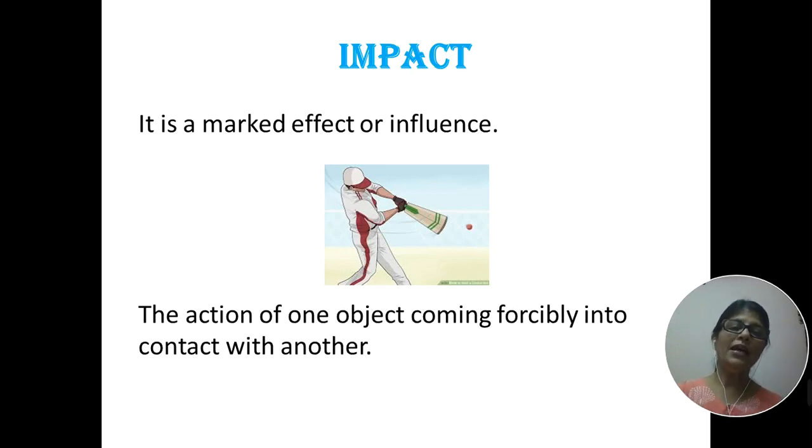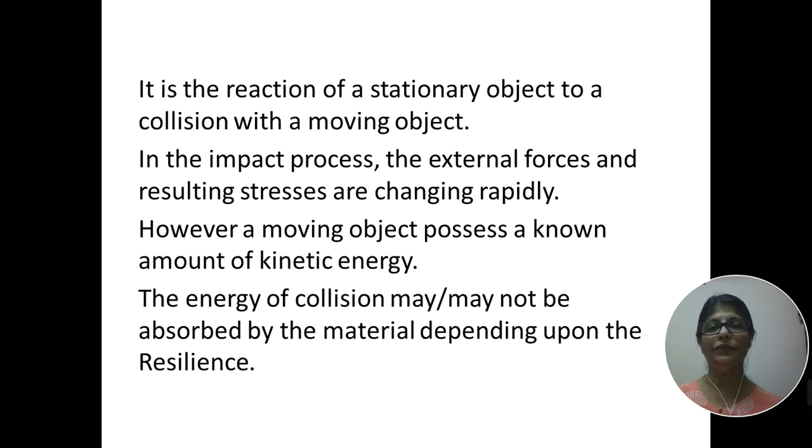Suppose I say I have very much got influenced by that person. That means my mind has got influenced by his thoughts. So I was stable, but because of the sudden impact of his thoughts, I got influenced. So it is the action of one object coming forcibly into contact with the other.